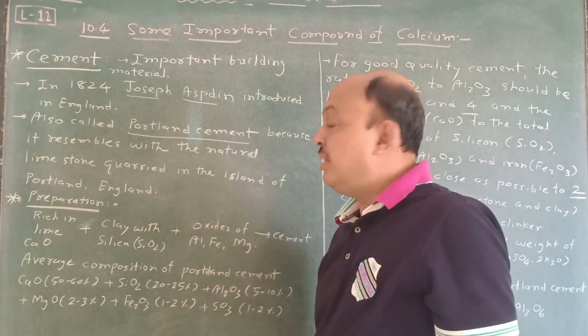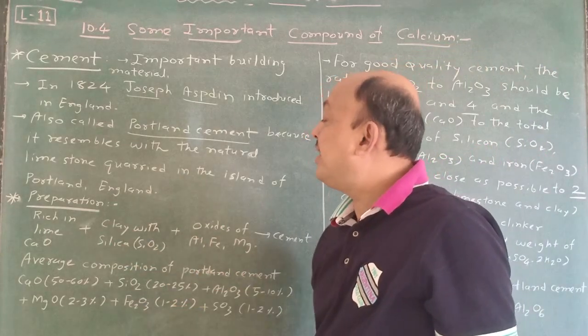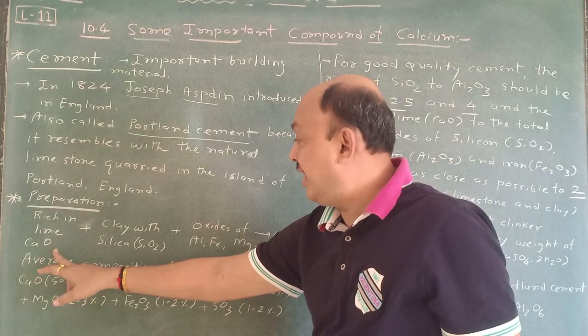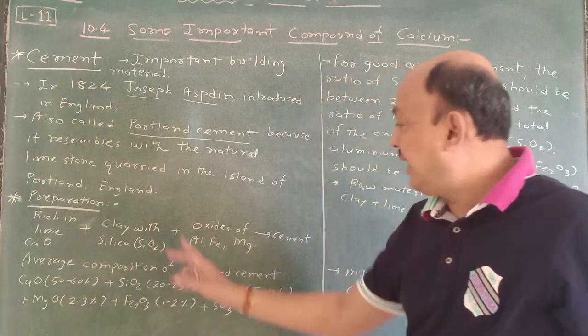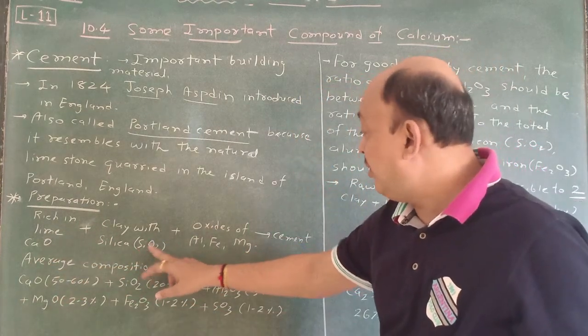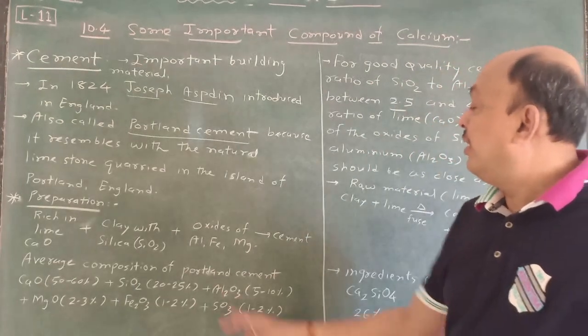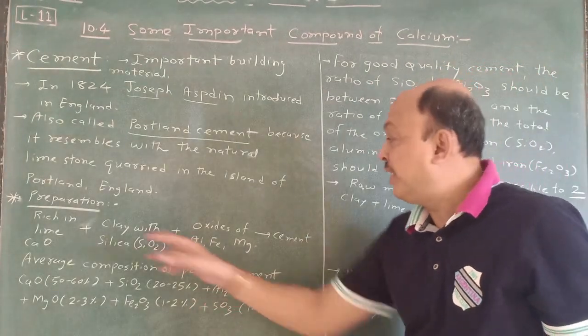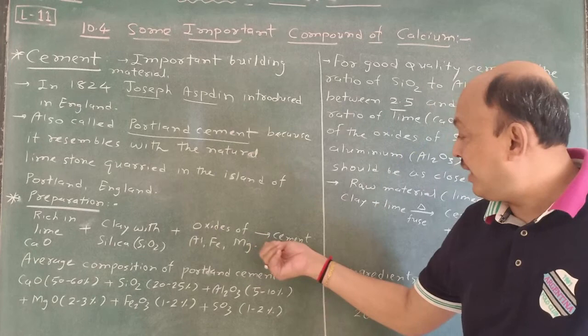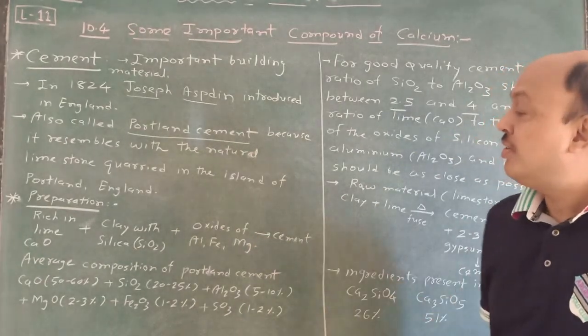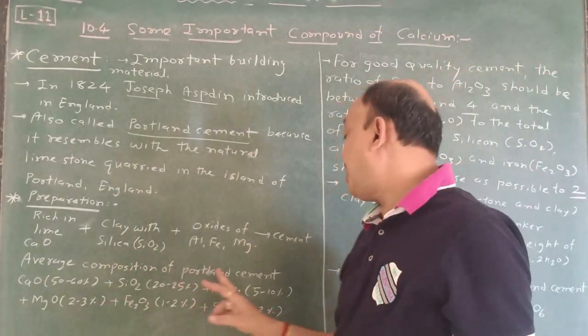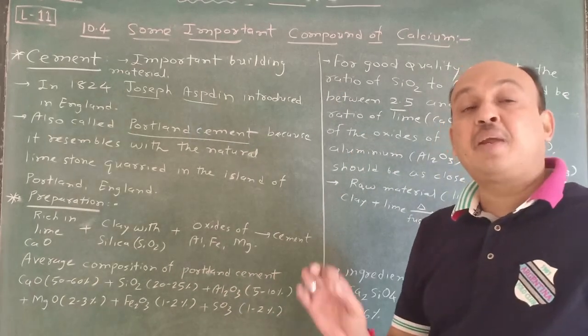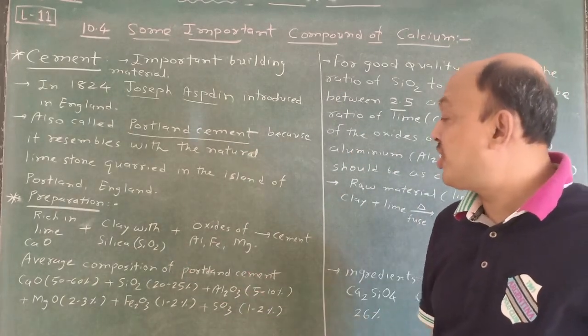Now preparation. We have to take raw material rich in lime, that is CaO, plus clay with silica SiO2, plus oxides of aluminium, iron and magnesium. If this mixture is heated, it produces cement. Average composition of Portland cement: do not remember any percentages, just remember the composition.